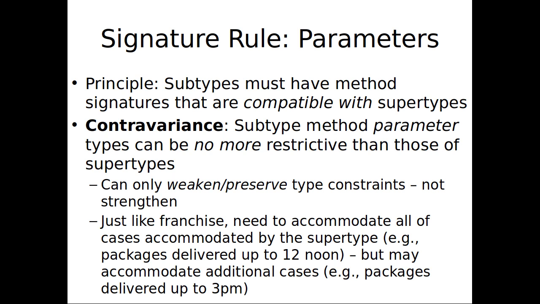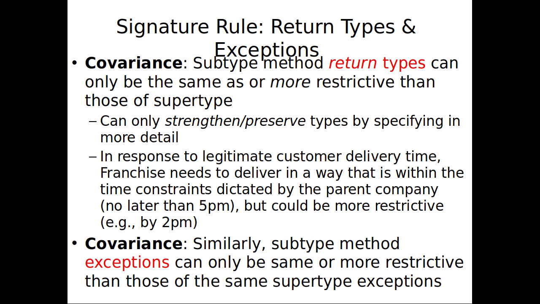So let me emphasize where I say covariance: methods in the subtype can return values that are only the same or more restrictive. In other words, only the same type or a subtype of the corresponding return values in the supertype.